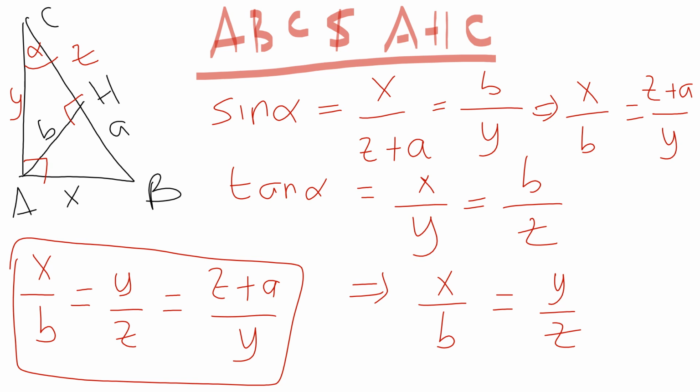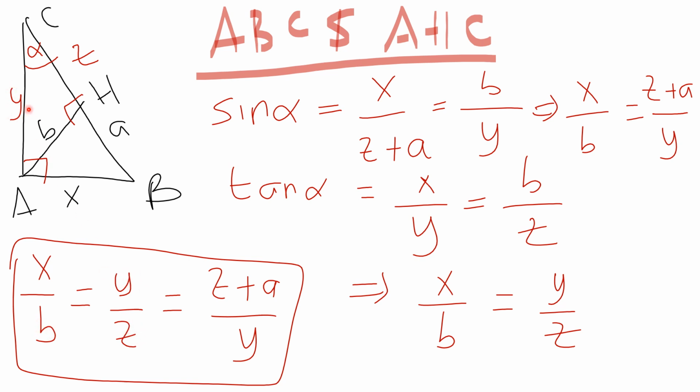Now, what is X and what is B? Your X here is the opposite of the bigger triangle, while B is the opposite of the smaller triangle. So this X over B is a ratio of the corresponding side lengths, because we have opposite over opposite. What is Y and Z?